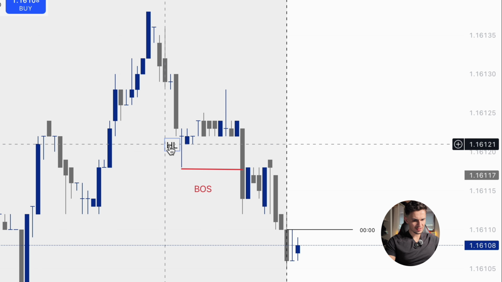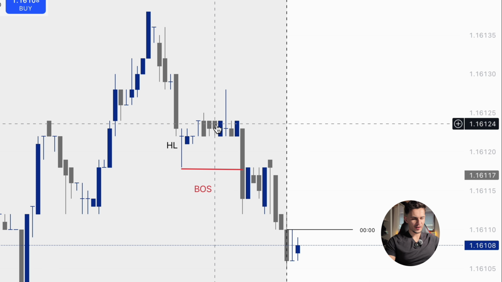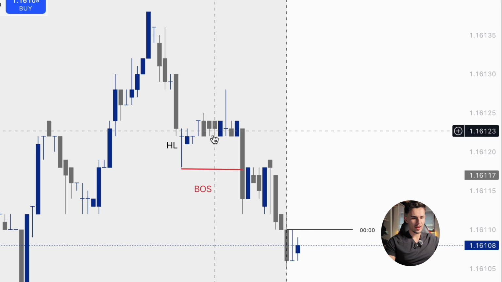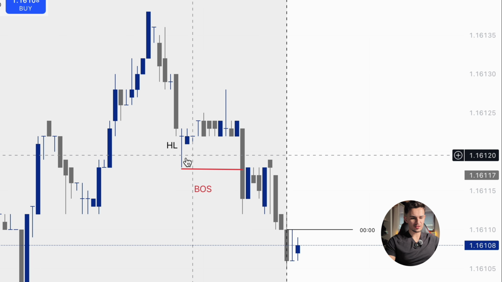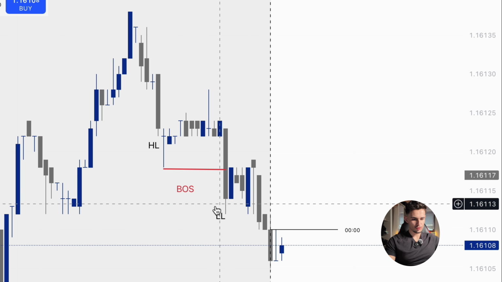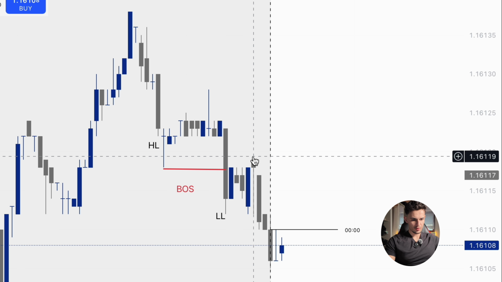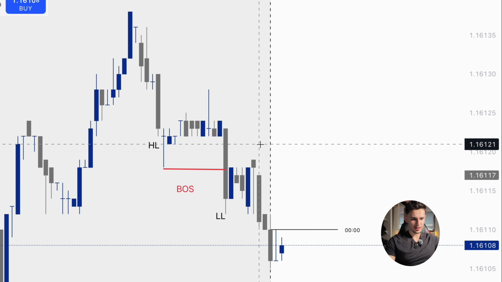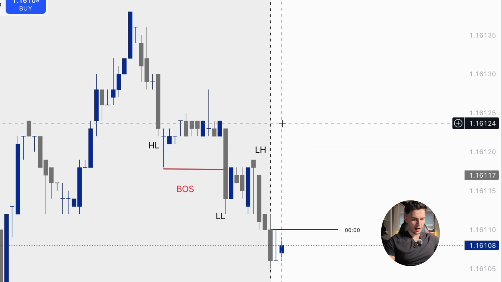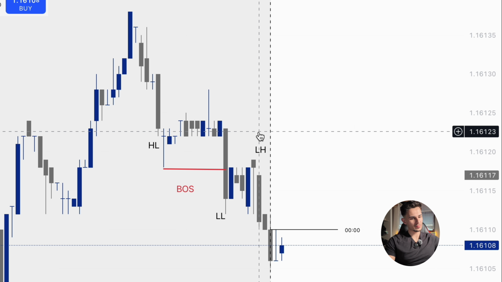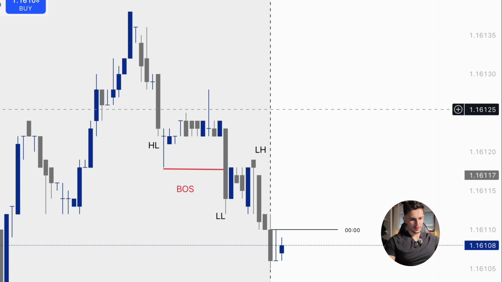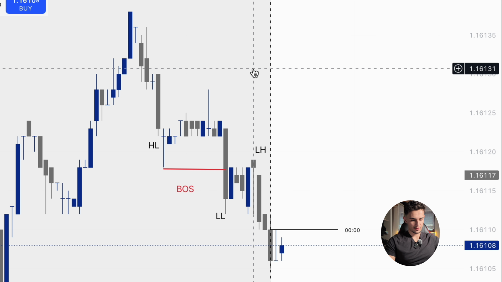This was our last higher low. Price then failed to create a new higher high, and we disrespected the previous higher low, creating this new lower low below. Price then retraced a little bit to the upside and created a new lower high, because this high is basically lower than this high here.